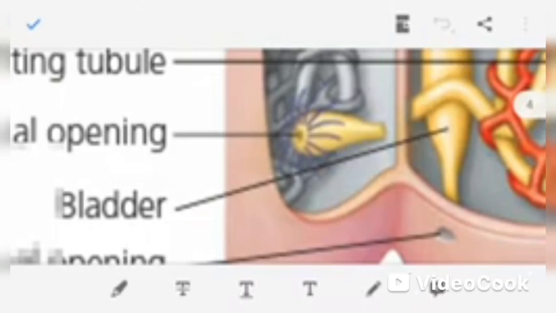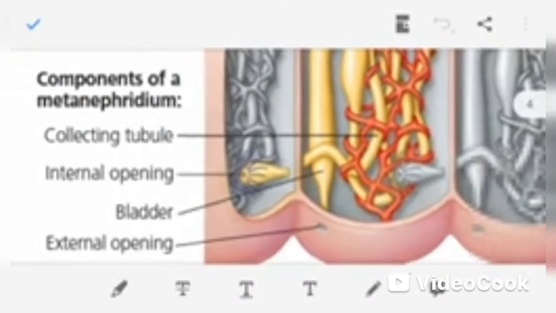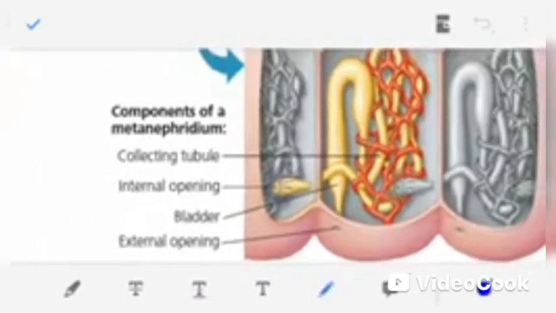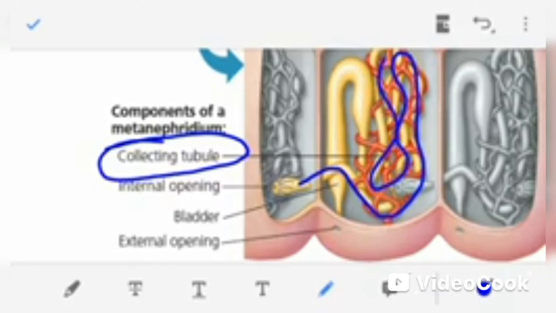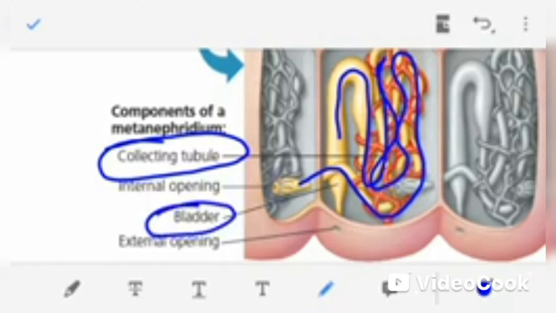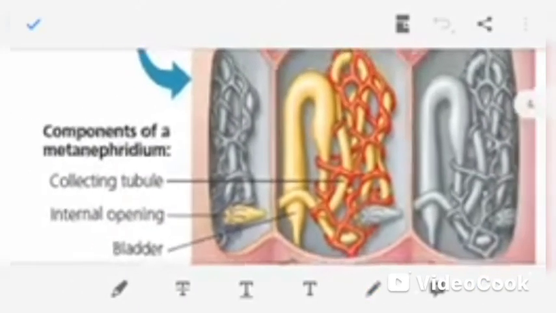Then the fluid passes to the collecting duct, travels through it, and finally enters the bladder, where it is stored for some time. Before that, the reabsorption process takes place.